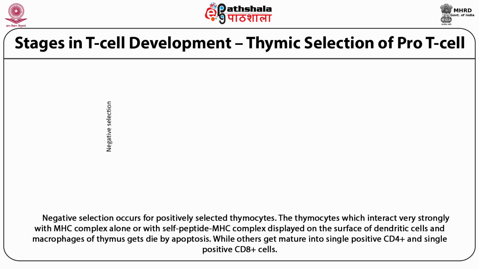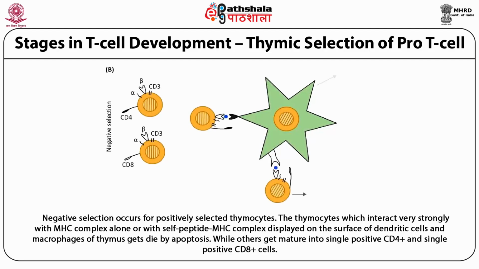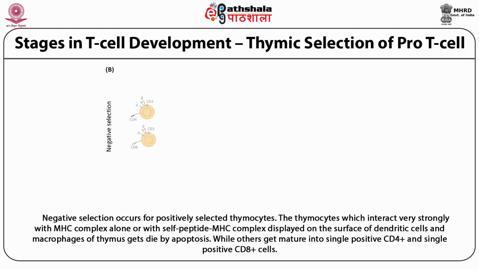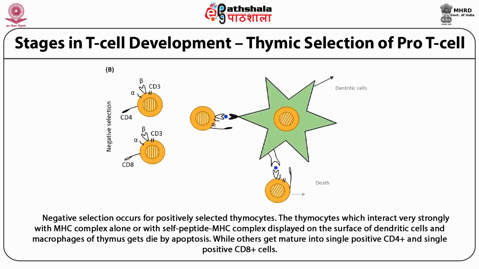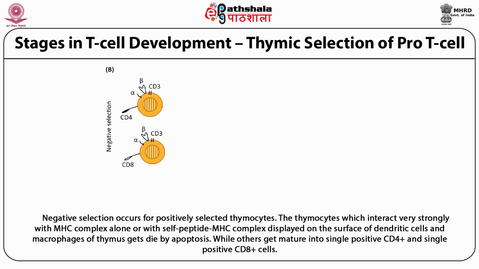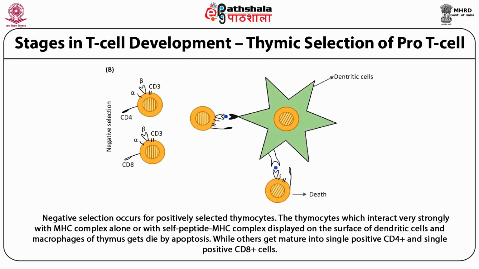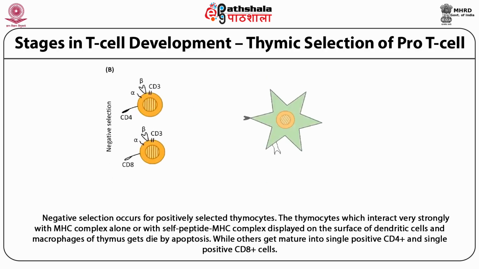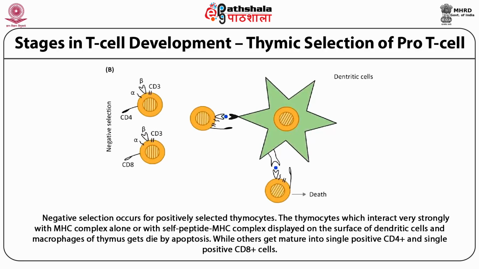Here, thymocytes which interact very strongly with MHC complex alone or with self-peptide MHC complex displayed on the surface of dendritic cells and macrophages of the thymus die by apoptosis, while other cells mature into single positive CD4 or single positive CD8 cells. This phenomenon makes sure that any cell which is activated very strongly by self-antigen presented by MHC molecule or self-MHC molecule dies.